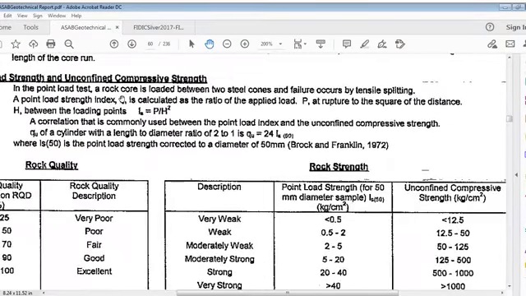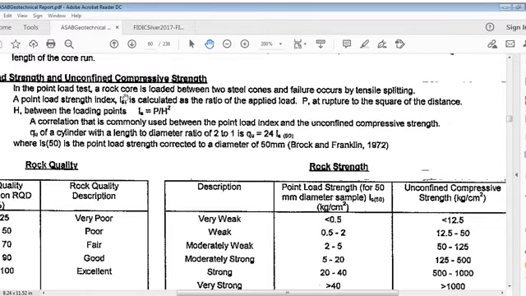In the point load test, a rock core is loaded between two steel cones, and failure occurs by tensile splitting. This is the tensile force. And this is almost compressive.